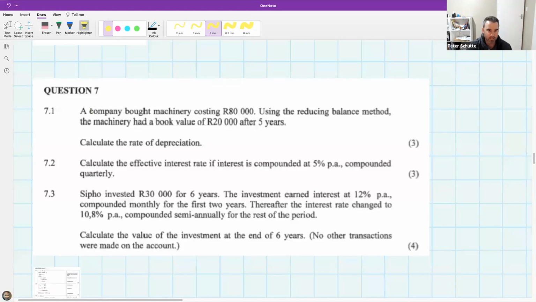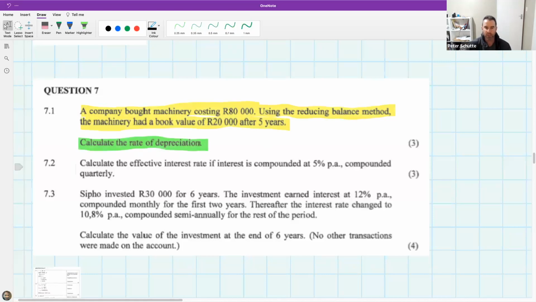So this one says, a company bought machinery costing 80,000 Rand. You are now using the reducing balance method. The machinery has a book value of 20,000 after 5 years. I want to know, calculate the rate of depreciation. So see if you can do that.